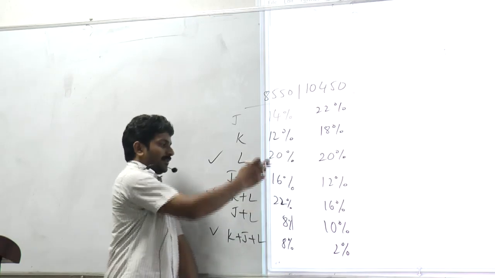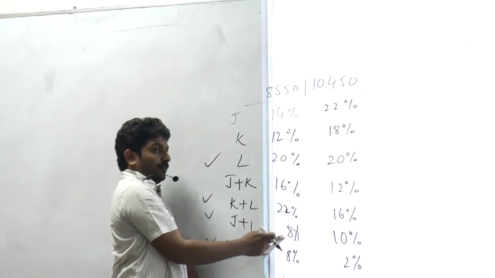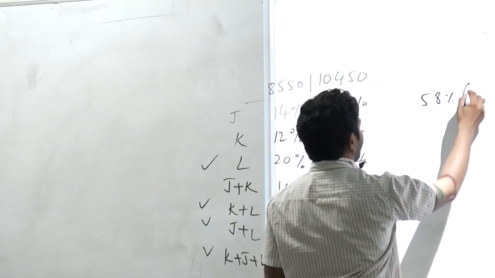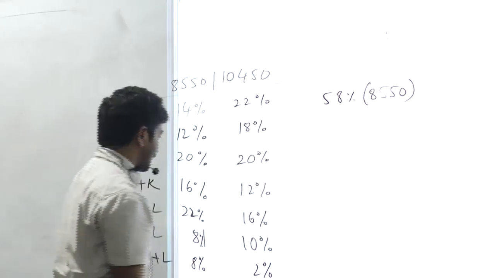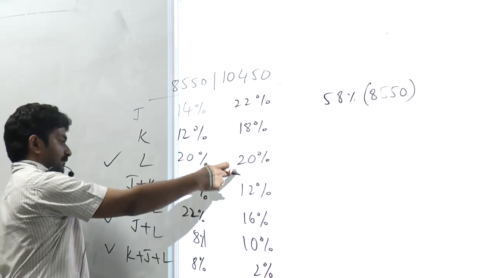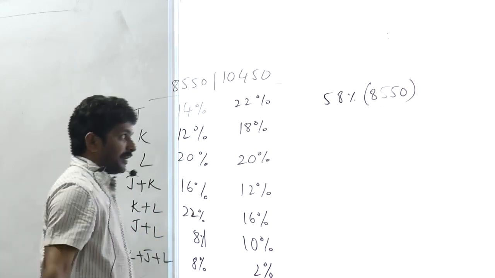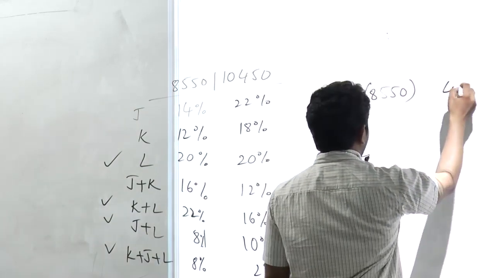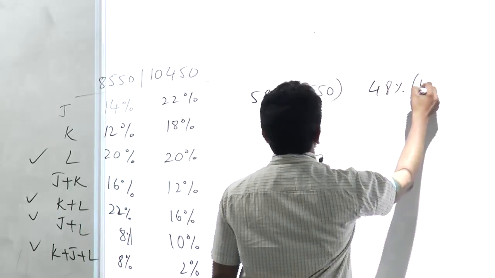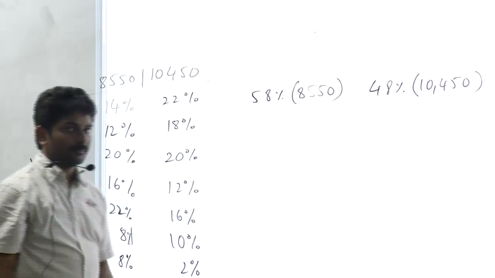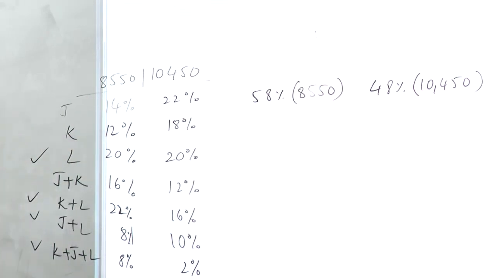Last 3, 20, 42, 50, 58. 58% of 8,550. And then 20, 16, 36, 46, 48. 48% of 10,450. It asks about the difference.